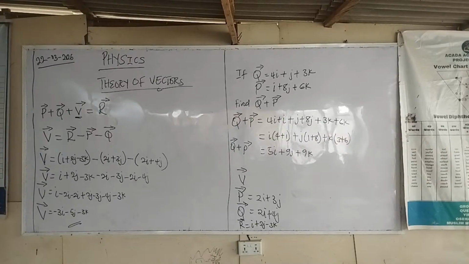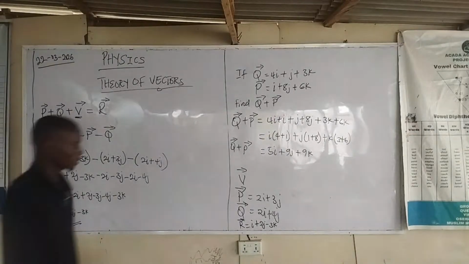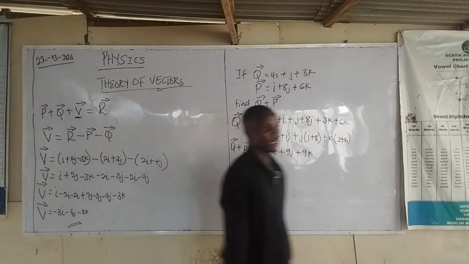Are you getting it now? Added to two vectors, two other vectors, in which p is 2i plus 3j and q is 2i plus 4j to give a resultant r.